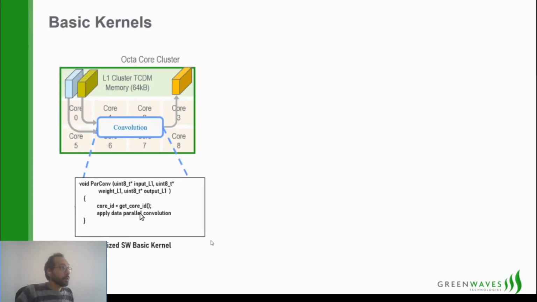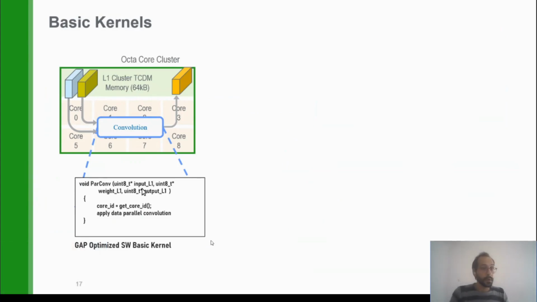So why do we need these three complicated things? The first, the basic kernels, is because we would like to write a convolution, for example, here convolution 3 by 3, once, and once we've written it, the convolution is done, and it's optimized.